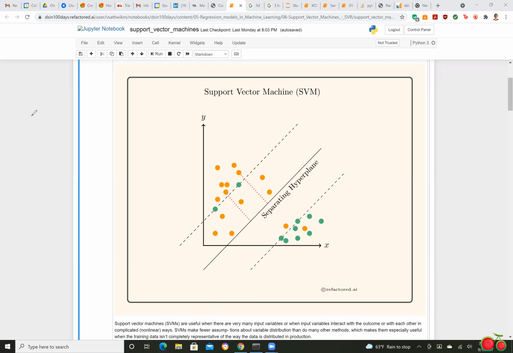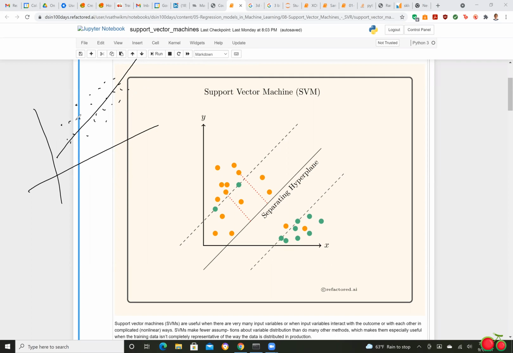If I have a regression model, let's say these are my points for my regression. I can fit a line like this, I can fit a line like this, I can fit multiple lines, correct? But what is the line of best fit? If you remember linear regression, the line of best fit is that line which is equally distant from all these points.